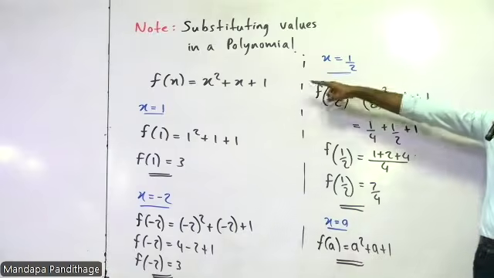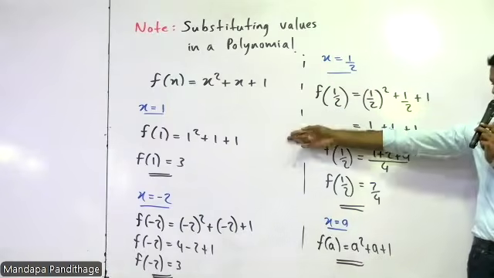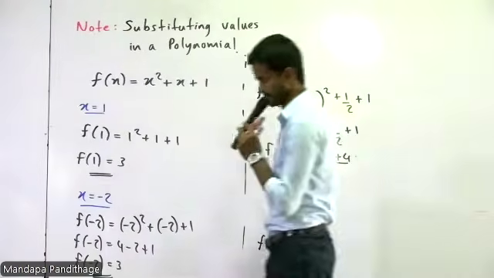Okay, then write this. Consider x equals 1, minus 2, half, and x equals a.